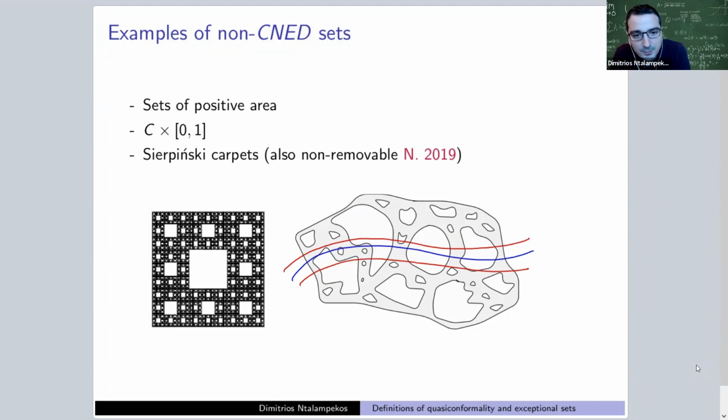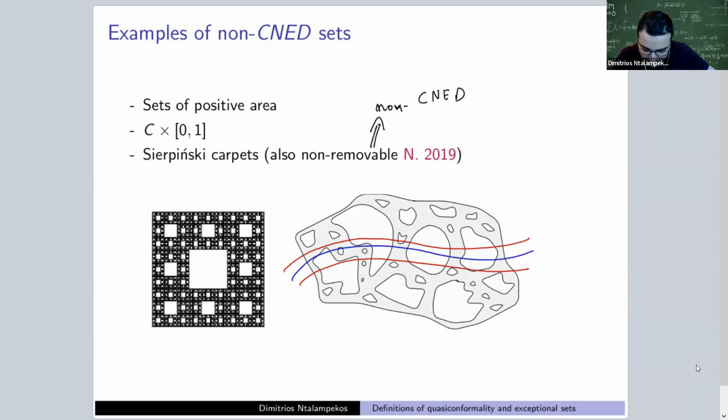So it turns out that carpets are also not removable, but this proof is more involved. So it's much more elementary to show that carpets are not CNED. Of course, non-removable implies non-CNED, but I'm saying that it's more elementary to show the non-CNED property.